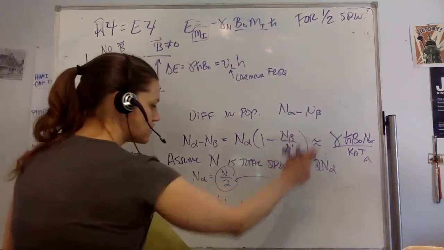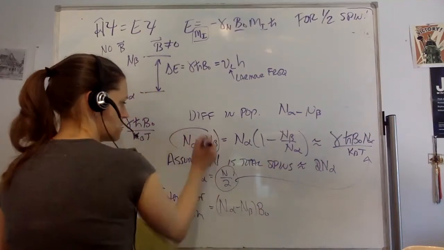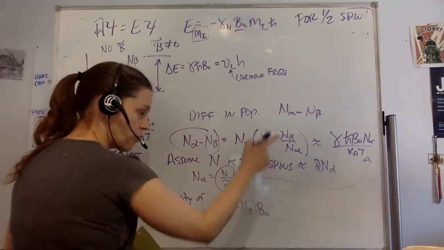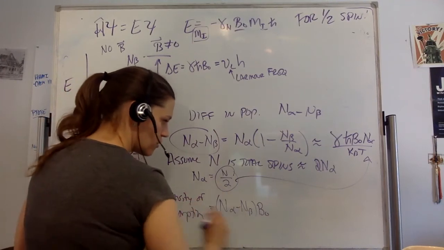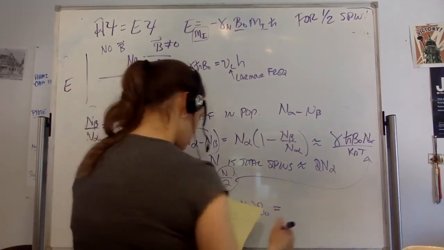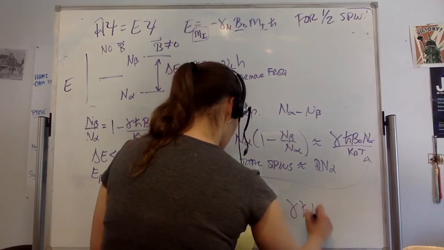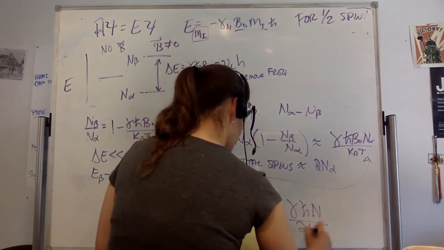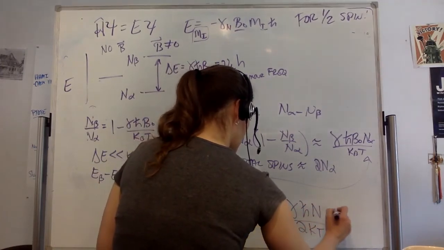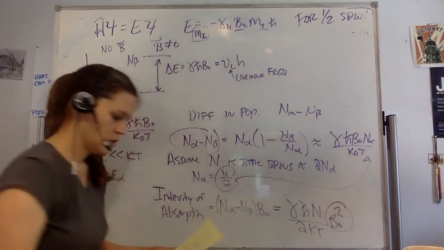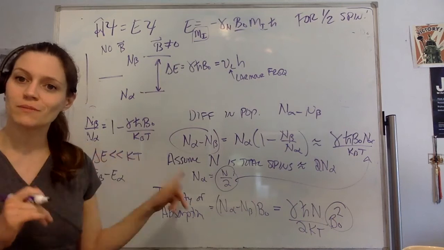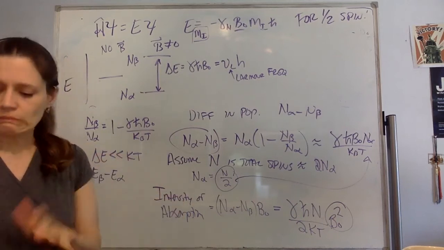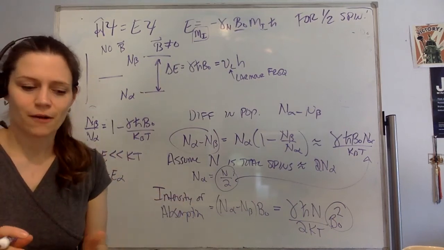If I plug that into here with that reduced approximation and including the N over 2, I get that the intensity is related to gamma h-bar N divided by 2kT times B0 squared. Okay, pause me, write all that down. I want to talk about it now.